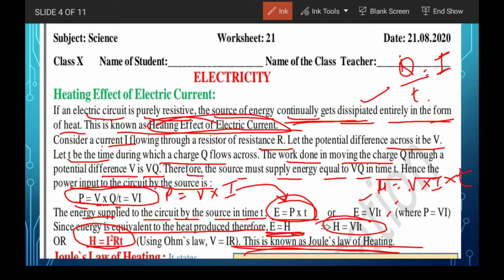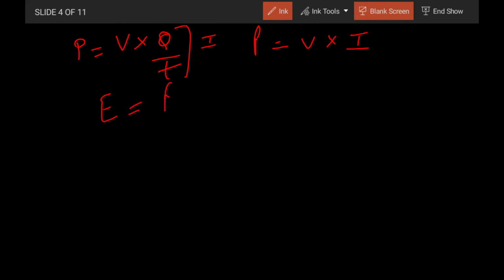Here it is the work done in moving the charge Q through the potential difference V in time t. We can look at it here also. P = V into Q upon t, and that is I. Therefore, we get P = V into I. Now we know that energy dissipated is P into t.